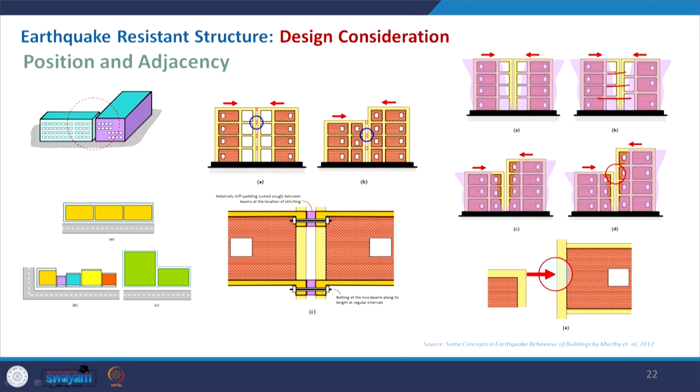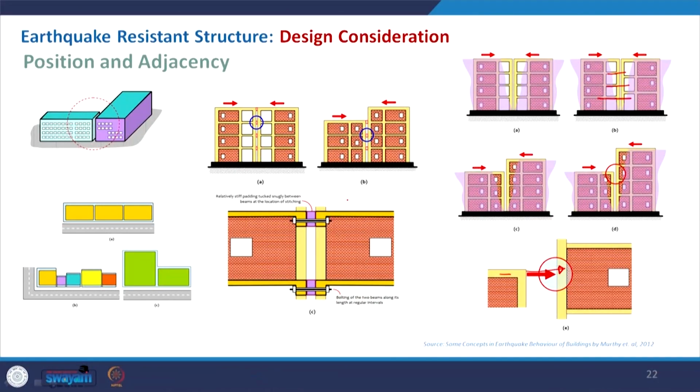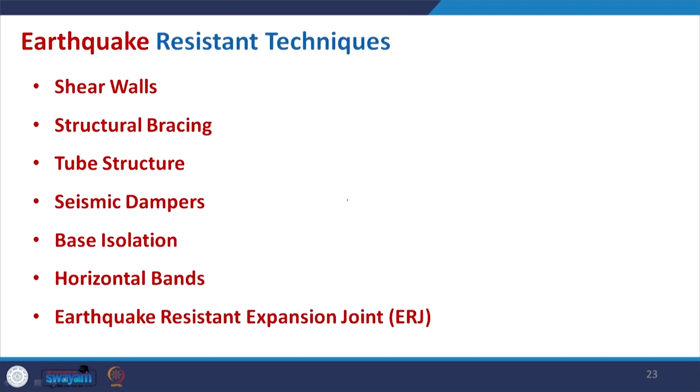So, this particular slab is hitting the middle of the column, which is more vulnerable, and here there is also a difference in height of the buildings. In order to avoid that, we can use some kind of steel padding absorbing the wave, and then we bolt the two structures. That may help with this particular adjacency problem of the buildings.